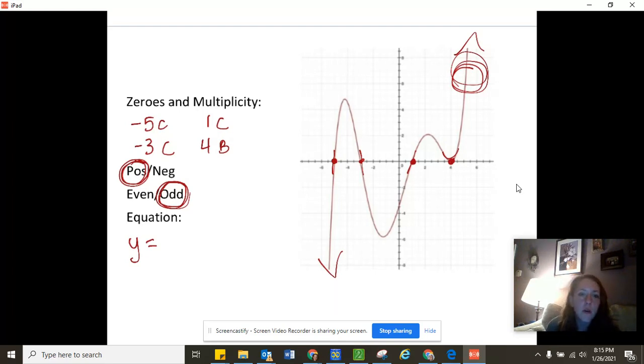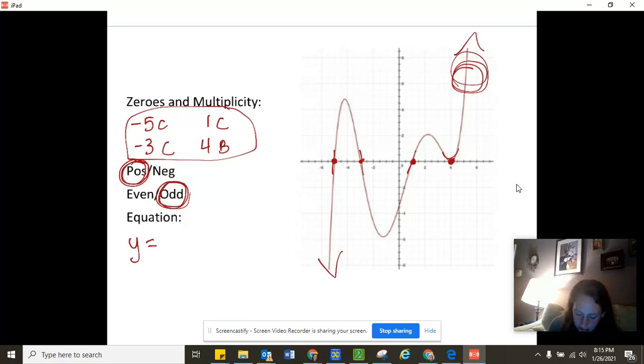But anyway, I'm going to take my zeros and turn them into factors. Now I said it was positive, so I don't have to put a negative in the front. But just like when I pulled numbers out of factors, when I put them back into the factors, I still have to flip the sign.